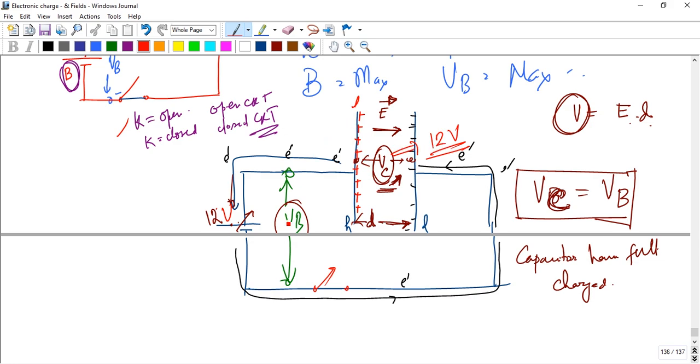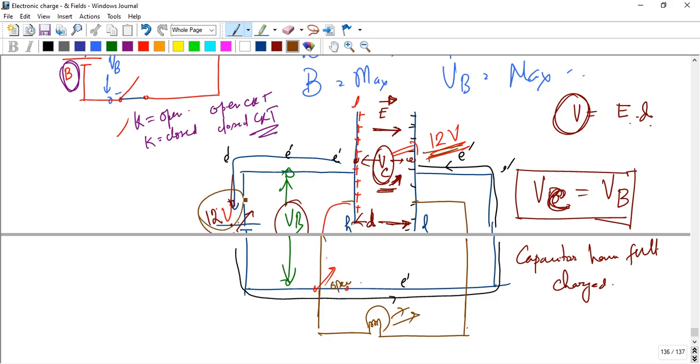Suppose we connect this capacitor to a load, a bulb. Now the circuit is open, the bulb is just connected here, and we see that the bulb glows. Now the capacitor is discharging. The capacitor was charged via the battery, an external source.